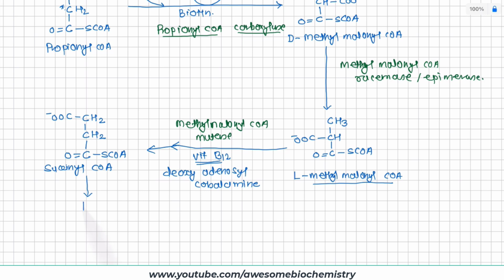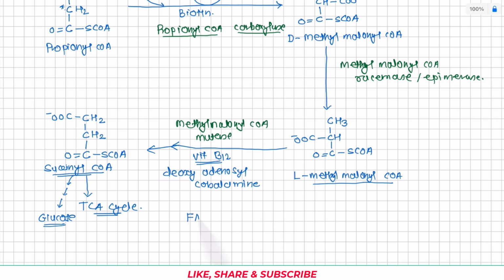Now what happens to this succinyl coenzyme A? Succinyl coenzyme A undergoes the TCA cycle to help in the oxidation of acetyl coenzyme A. Succinyl coenzyme A is also a gluconeogenic substance. That means succinyl coenzyme A can undergo a multi-step process and can give rise to glucose. Now this is very surprising. Remember, it is generally stated that fatty acids can never generate glucose.